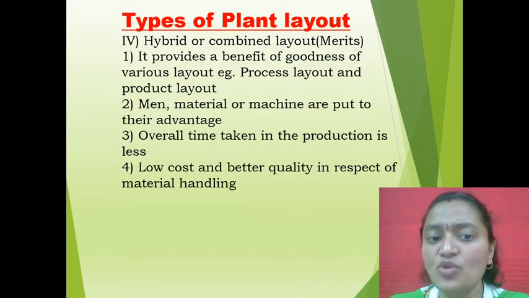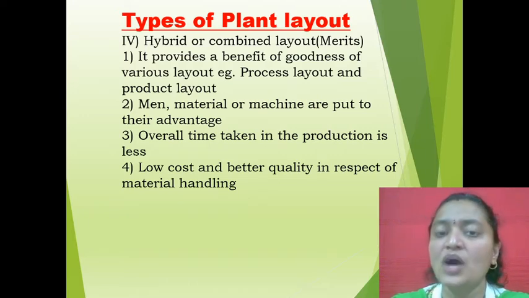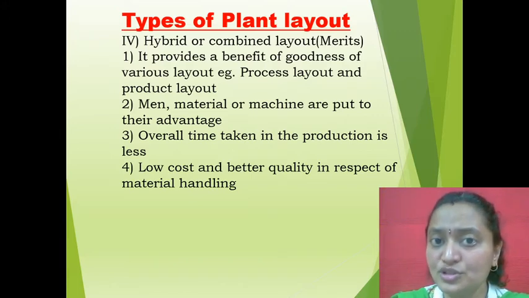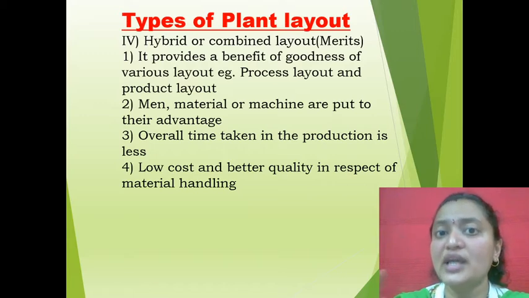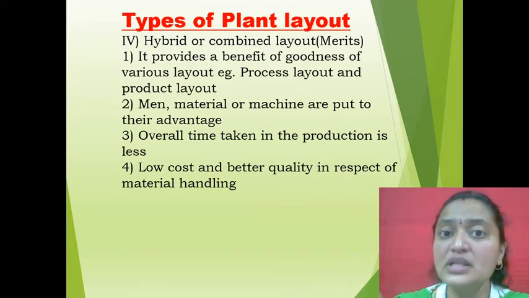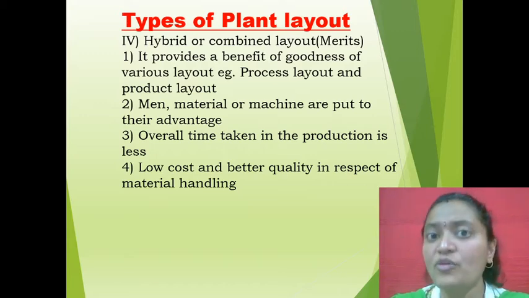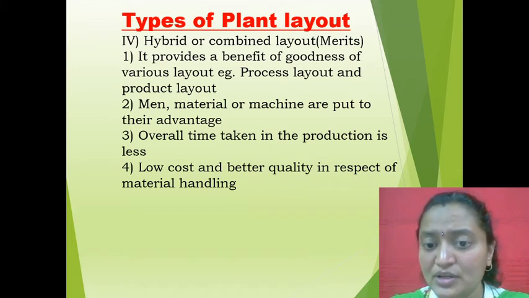The next one is what? Overall time taken in the production is less. Now the time taken also should be measured. Suppose they need to manufacture a product, what is the time taken for manufacturing that particular process?